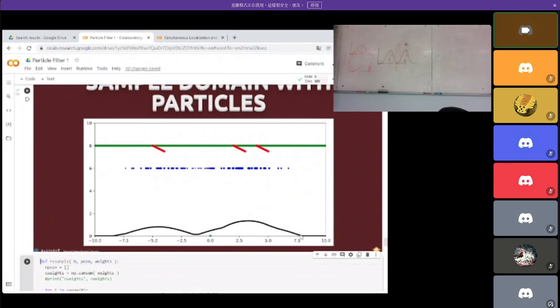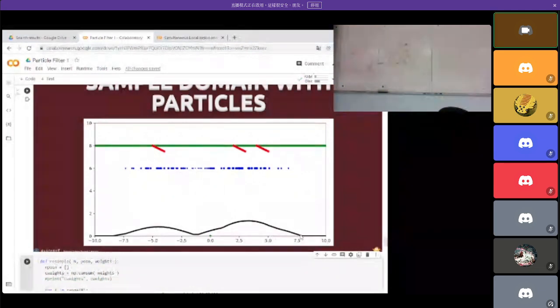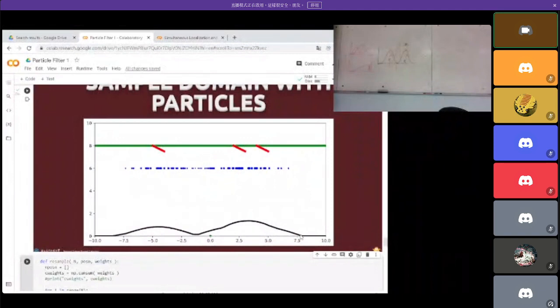That means the particle filter automatically will always focus on the areas where there is a high likelihood. It's going to focus on the interesting areas here and here. And there will be almost no particles in here and in there. So this is the really clever part.